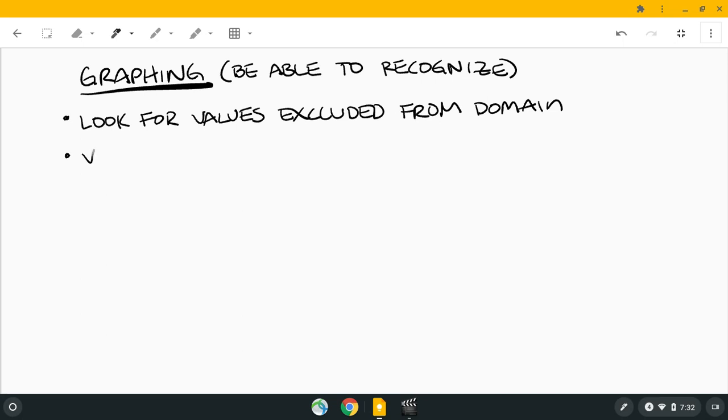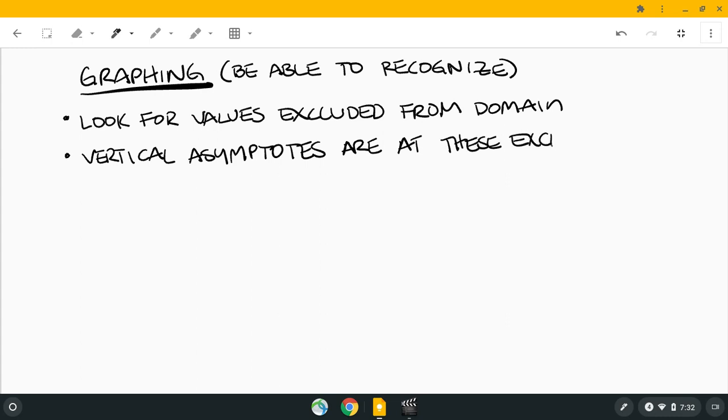Okay, look for values excluded from the domain. So you will have vertical asymptotes. We'll talk about that in a second. Vertical asymptotes are at these excluded values.